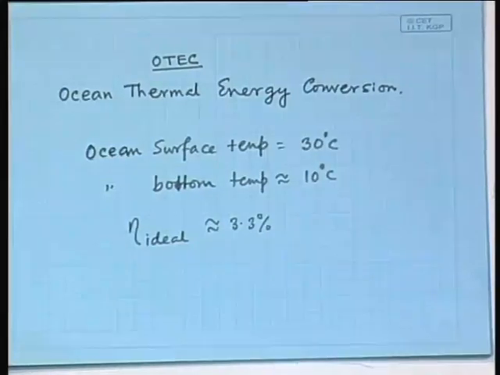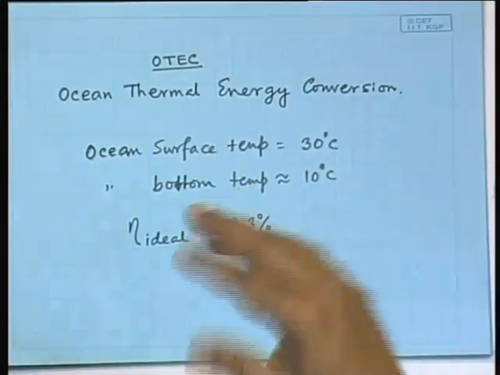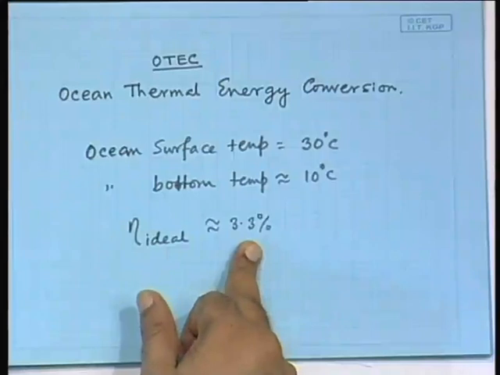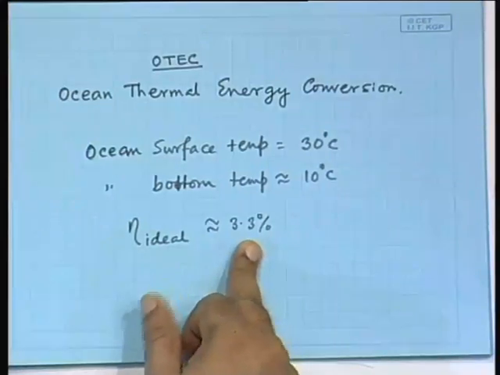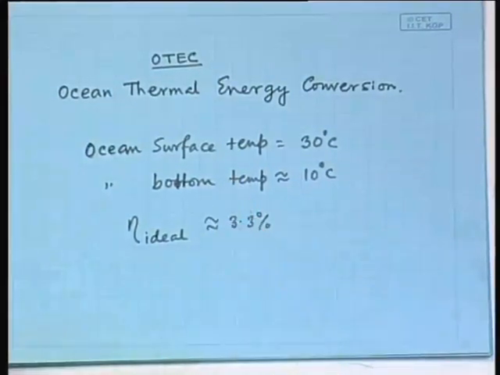So, you can see that the efficiency of a normal thermal power plant would be of the order of 40%, while the ideal efficiency here is about 3%. So, naturally, even if you go very close to the ideal efficiency, this is a very inefficient process.